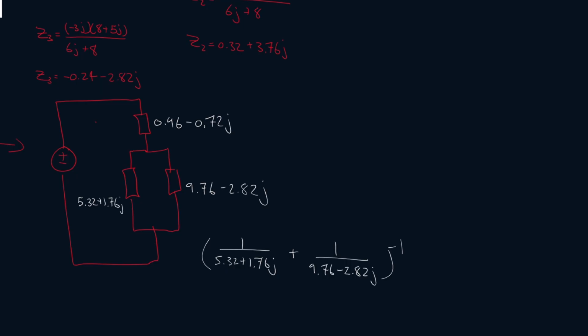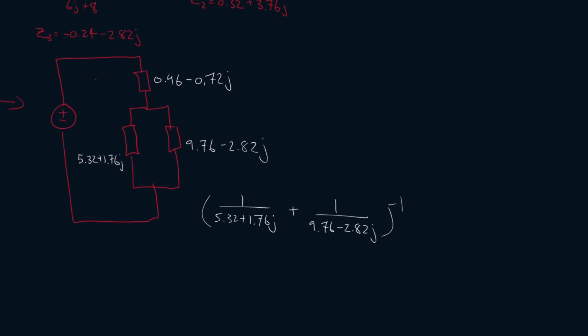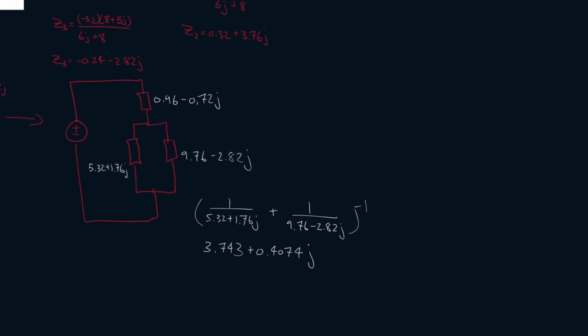Let me see what that gives me. I get 3.743 plus 0.4074j. So I can just rewrite the circuit like this.